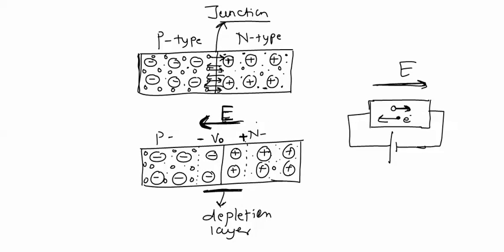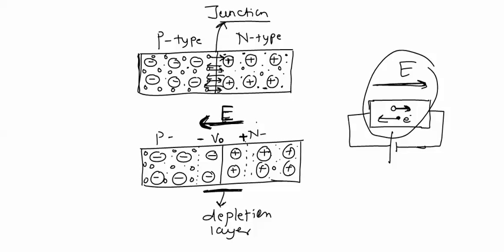While electrons in the N-type semiconductor will try to cross the junction from higher to lower concentration, the motion of electrons is opposite to the direction of the electric field under this convention, so these electrons will not be allowed to move from the N side to the P side.